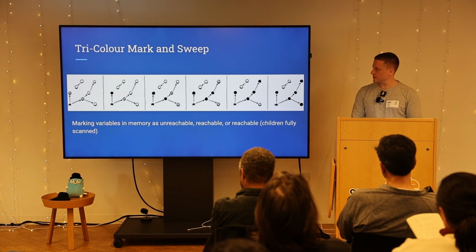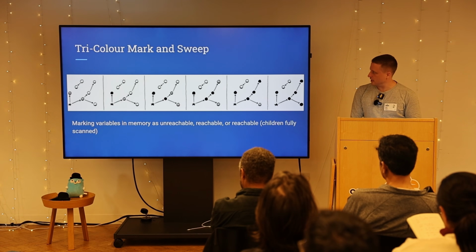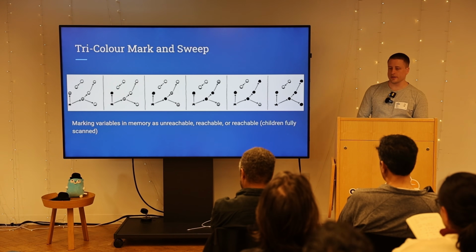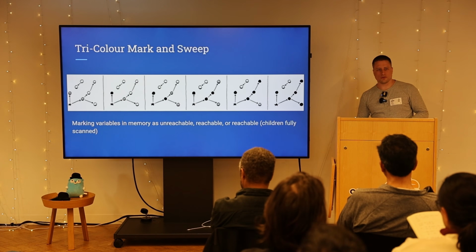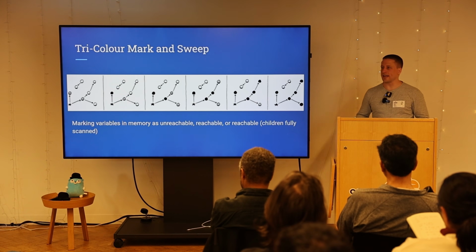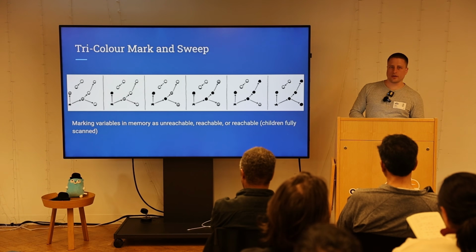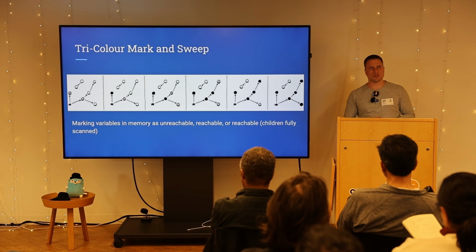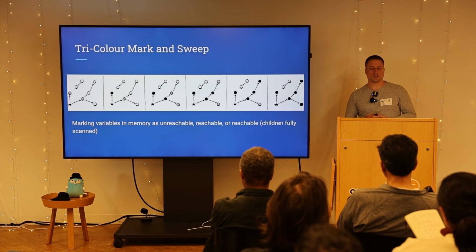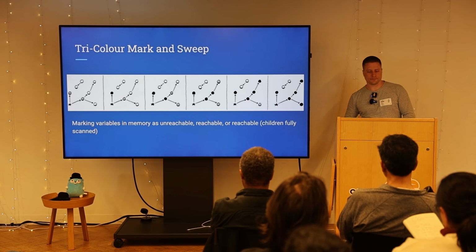And eventually everything that's in the heap gets labelled either black or white, depending on whether it's reachable from userland code or not. At the end, the white bits are the parts where that variable's no longer used, it's unreachable, and it's safe for the garbage collector to remove it.